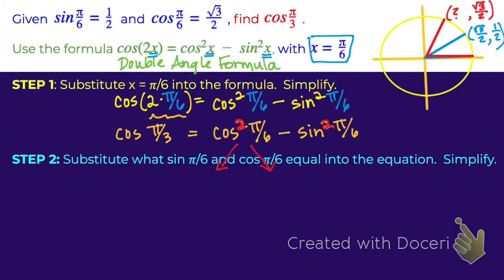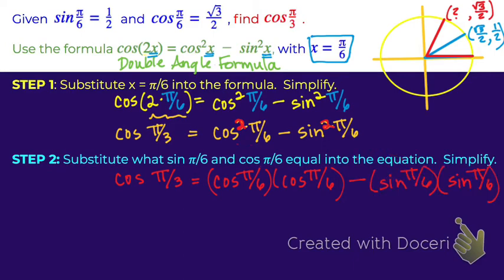It means you're multiplying it by itself. And the same with the sine squared. I'm going to split that out into a multiplication problem as well. Now let's substitute in what we know the cosine of pi over 6 and the sine of pi over 6 are into this equation everywhere we see that.